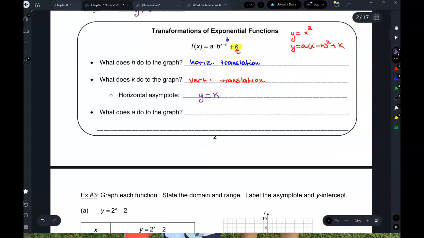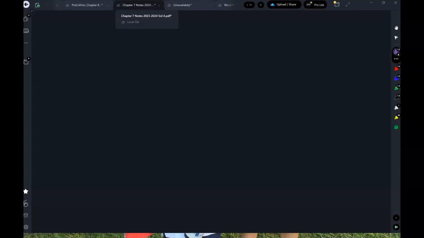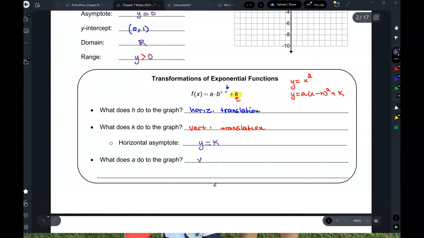Now, what does A do to the graph? So A is, what just happened here? Right? So A is vertical stretch.